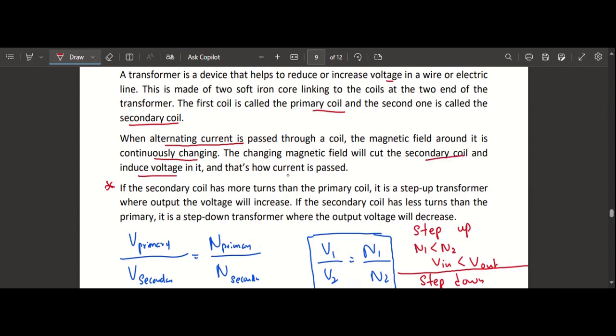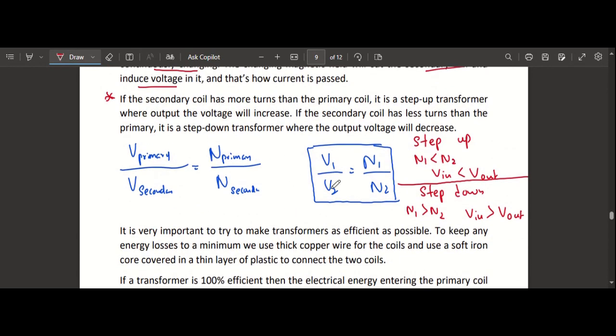So then about this number of turns, right? And another important thing about these transformers is that transformers are considered 100% efficient. So 100% efficient means input power is equal to output power.